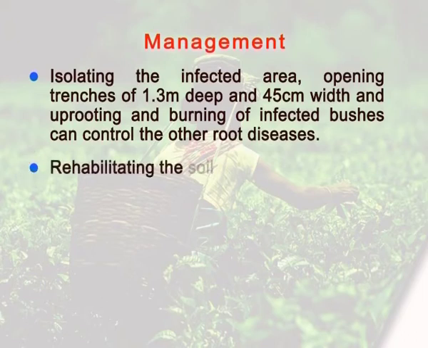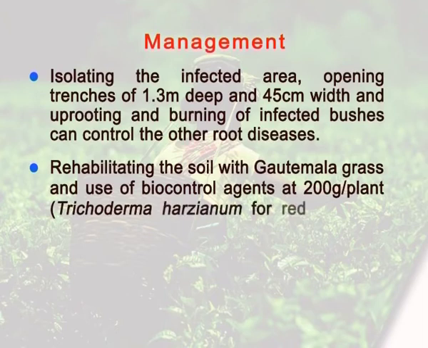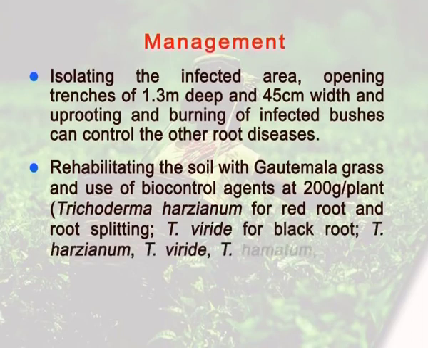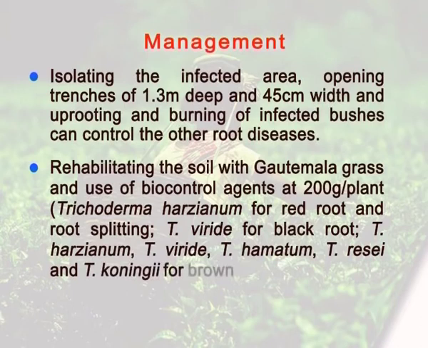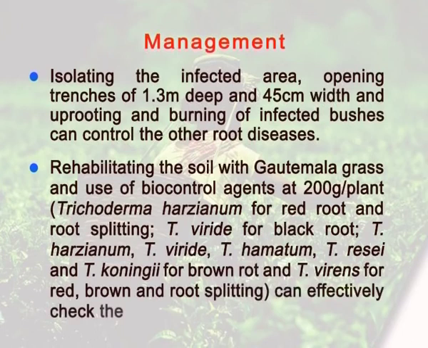Rehabilitate the soil with Guatemala grass and use biocontrol agents at 200 grams per plant, such as Trichoderma harzianum for red root and root splitting, Trichoderma viride for black root, Trichoderma harzianum, Trichoderma viride, Trichoderma hamatum, Trichoderma pseudokoningii and Trichoderma koningii for brown rot, and Trichoderma virens for red, brown and root splitting, which can effectively check the diseases.